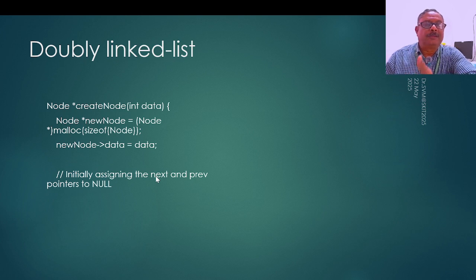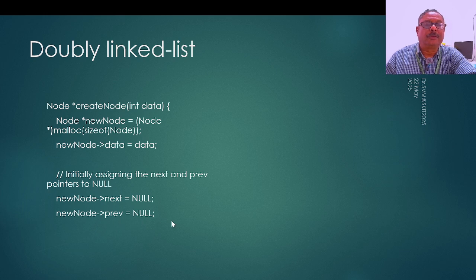Because it's just one node being created, we don't know what is prior to it or what is next to it, so the pointer to the next node and the pointer to the previous node are null by default. So we add the data, leave previous and next as null, and return the node. That's how a node is created.